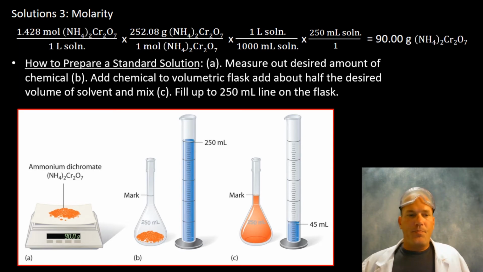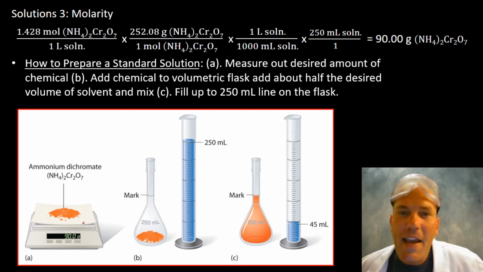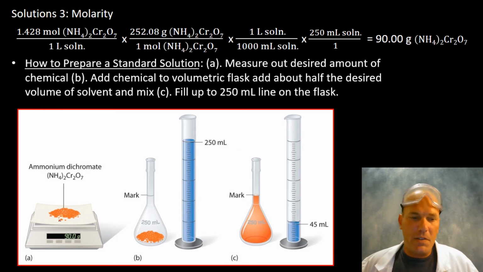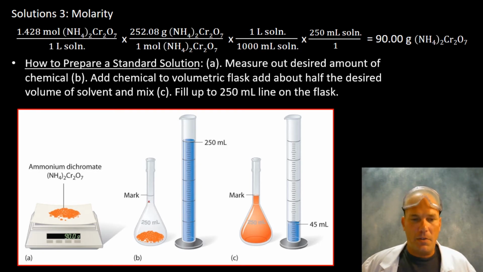Okay, so here we have our scale, we have our chemical, and we have exactly 90.0 grams on an analytical balance or whatever balance you are using. And you are then going to add that to what's called a volumetric flask, okay? Now, there's a little mark here.